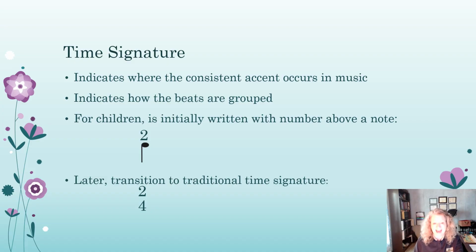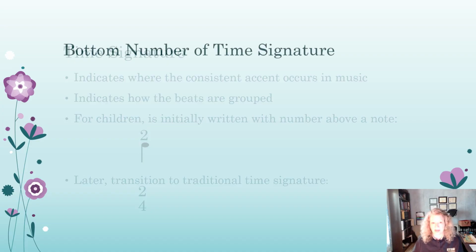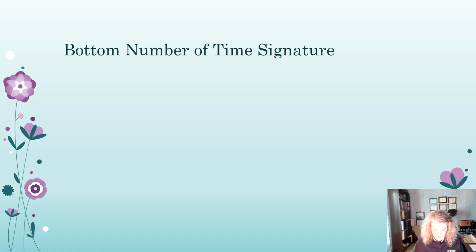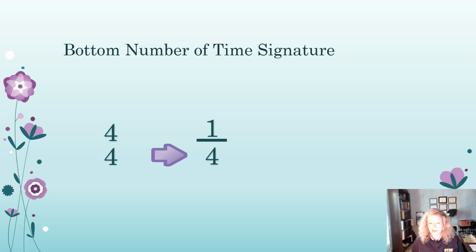So let's unpack how we know what the time signature means. We know the top number is how many beats in a measure. The bottom number indicates the note that gets 1 beat. So we're going to take it and make it the denominator of a fraction that has 1 in the top. So this is 1/4, but it also has another name. Its other name is a quarter. If 4 is in the bottom, it's a quarter note.